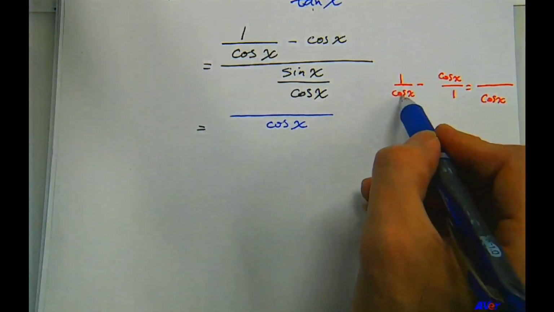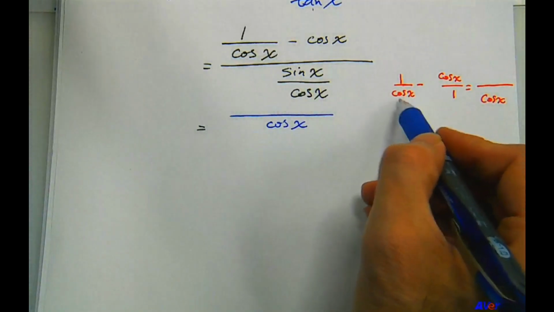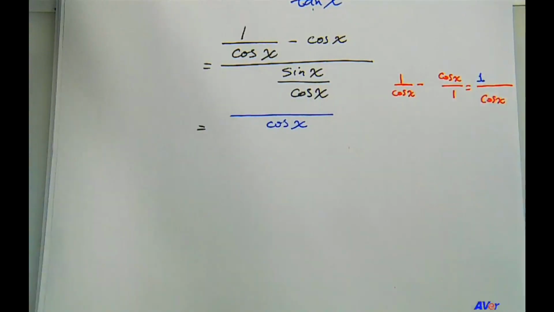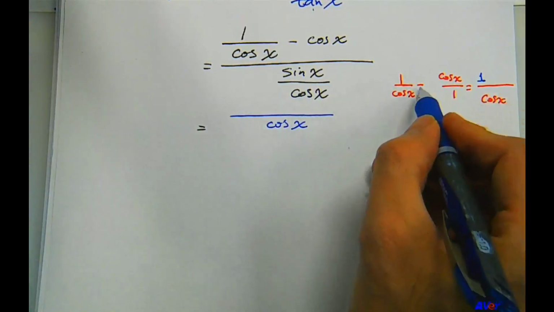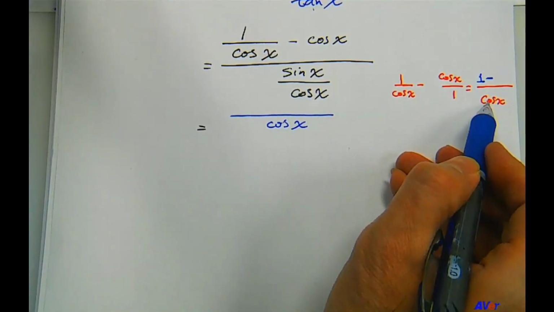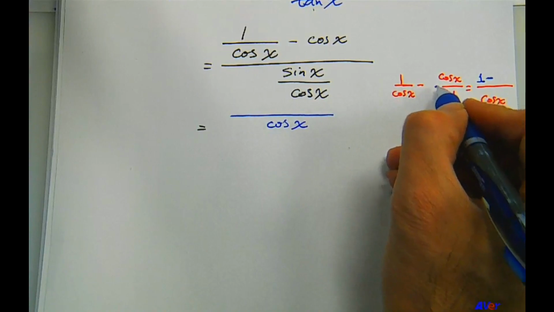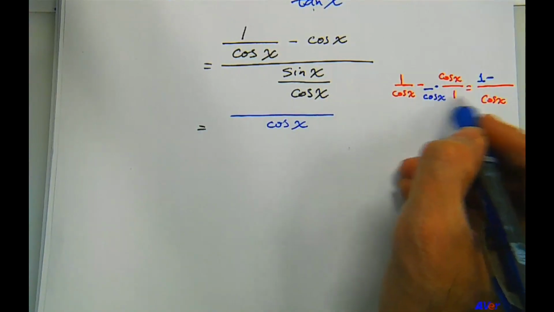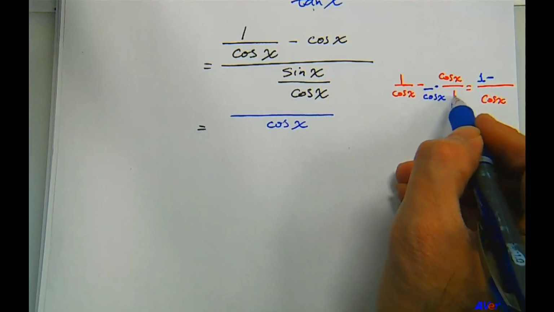Now, this one is fine, right? It doesn't need anything to be multiplied by it. So I'm going to write down 1. Now, minus is minus. But this denominator is not cosine of x. So what does it need? It needs a cosine of x to be multiplied by it.